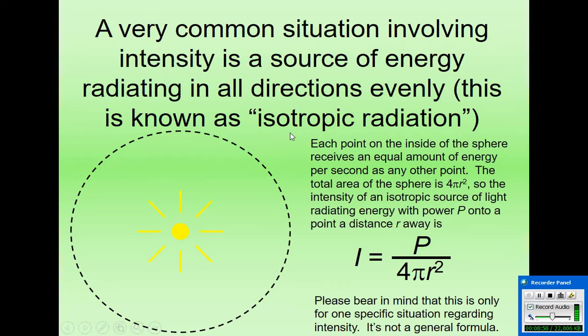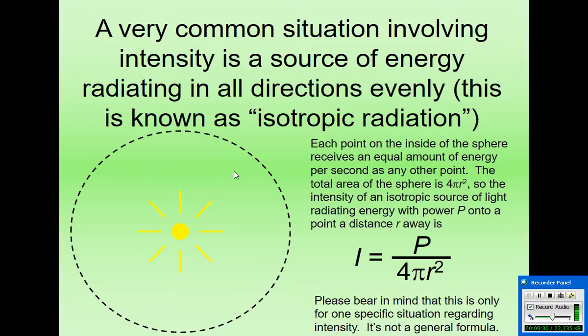For an isotropic source, we have a formula that allows us to calculate how intense it appears. Intensity depends upon both power, the power of the source, and the area being illuminated. So we take the power of the source, capital P, and we divide by the area being illuminated, and that's actually a sphere. I know you're only seeing a circle on the screen, but if you imagine this in 3 dimensions, it's actually like the inside surface of a sphere centered on the light source.